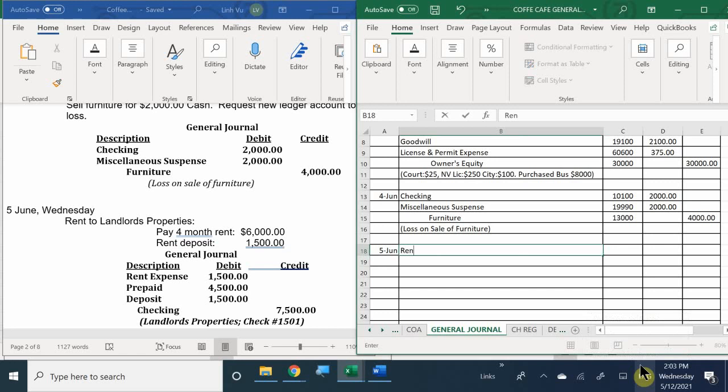We're going to recognize rent expense for the month of June, which was 62,000. We have prepaid accounts for the prepaid advance payment of rent, which was account number 18,600.